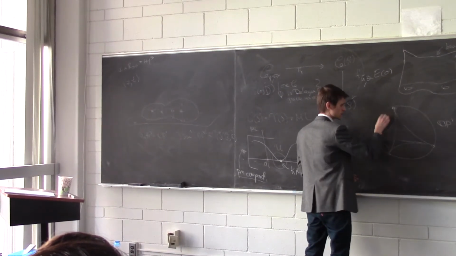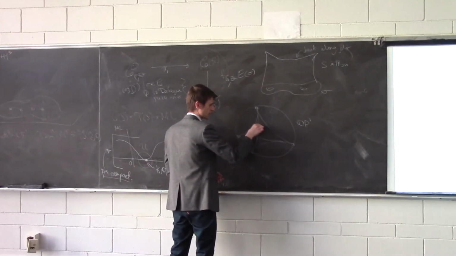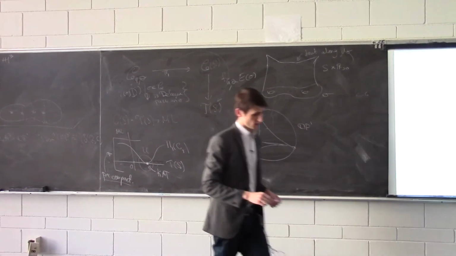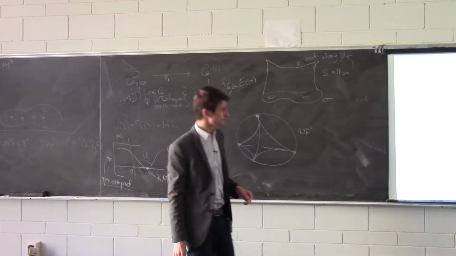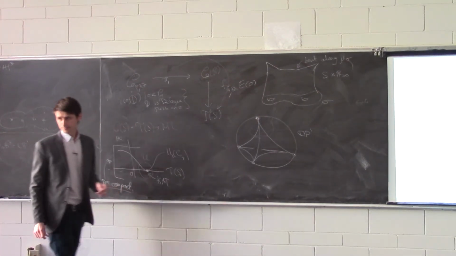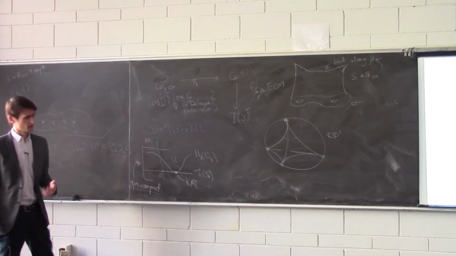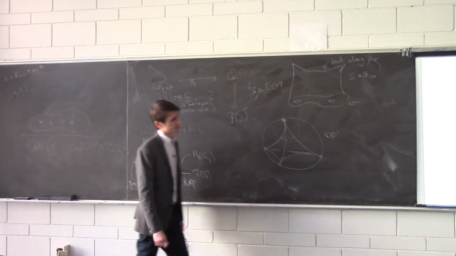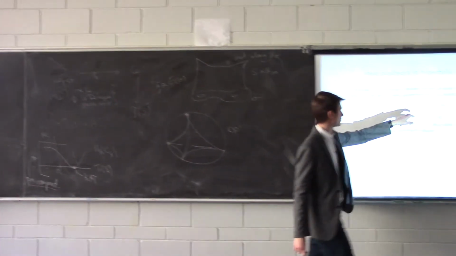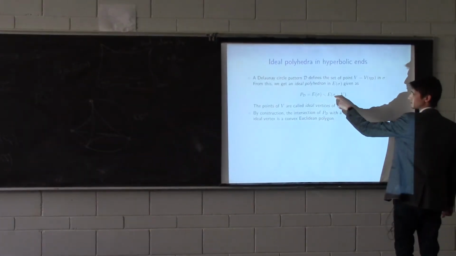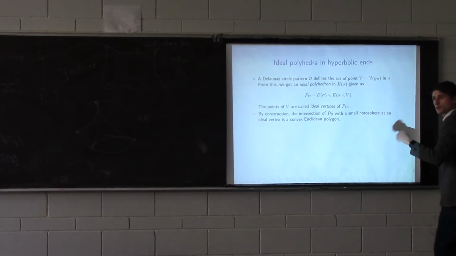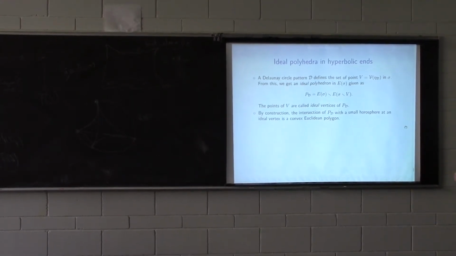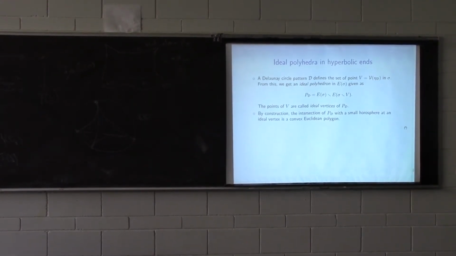So if you take what's called a horosphere, you get a Euclidean polygon on the face. E is the end, the corresponding end for the complex projective structure. If you take the points away, then this thing lies completely inside of here. So you can just delete the end, and you get this hyperbolic picture.